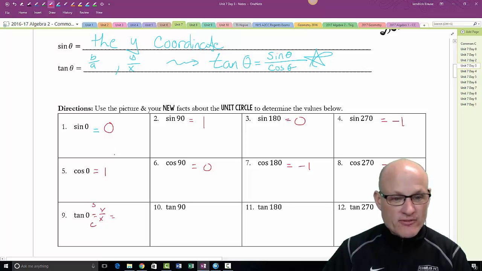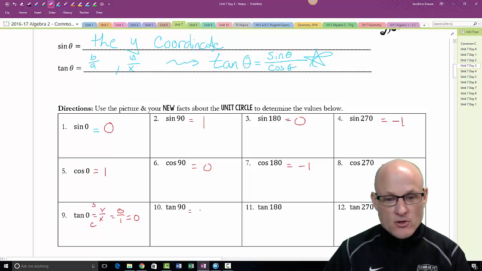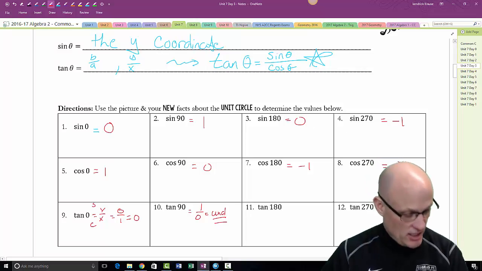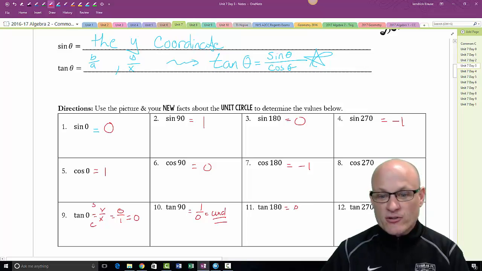So really, we just have to divide these. 0 divided by 1 is 0. 1 divided by 0 is undefined, and that is true. The tangent of 90 is undefined. This is 0 over negative 1. That's just 0 again. And this is negative 1 over 0, and that's undefined.